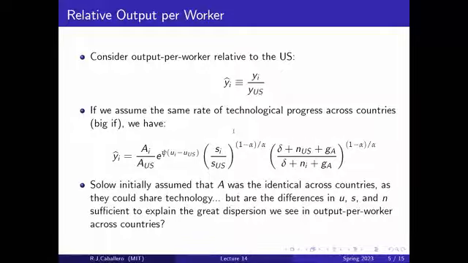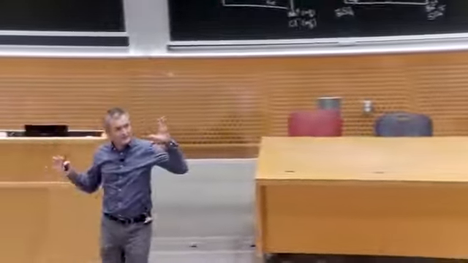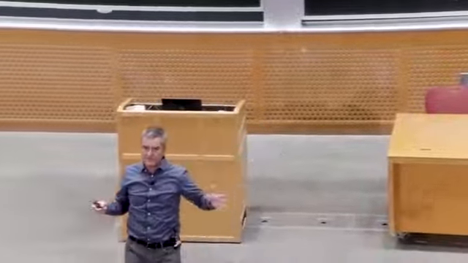And so the question is, suppose you make this assumption of equal technology, and we can measure the saving rate and the population rates in different parts of the world, and we're assuming the same rate of technological progress everywhere. How much of the difference we observe in income per capita across the world can be accounted for by that, okay?